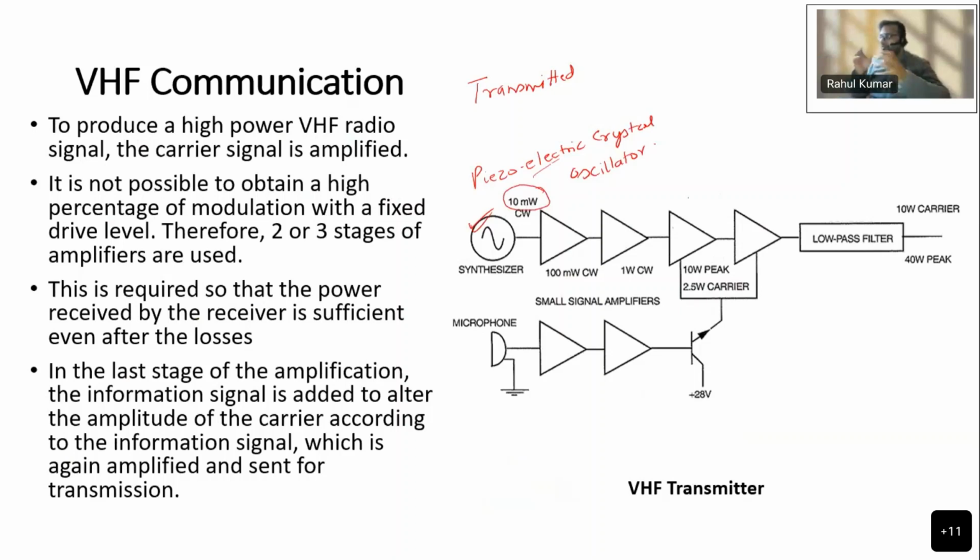So their output power is not very high, but we need high power for transmission, so that even if we have some losses during the transmission, sufficient power is received at the receiver. Okay, so what we do is we use crystal oscillators to generate our carrier wave and then increase the power of these carrier waves. Okay, so we amplify them.